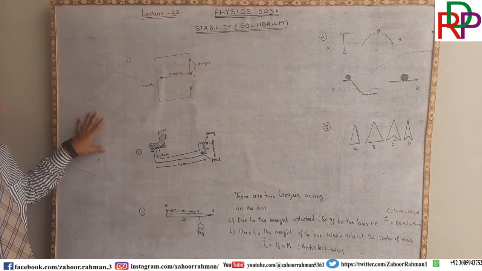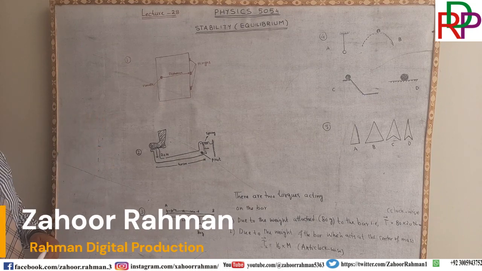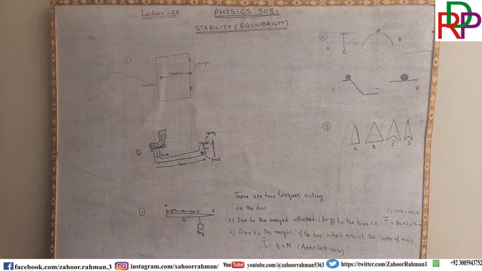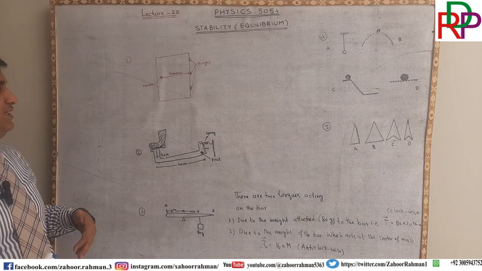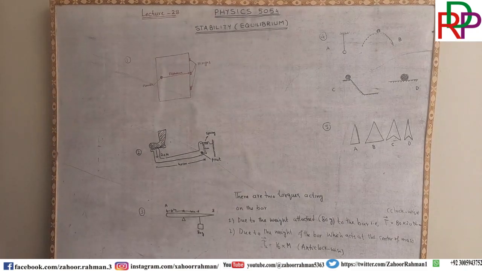Now we are coming to the exercise, and we will utilize the knowledge we gained in the theoretical portion and see whether we are able to solve these questions or not.